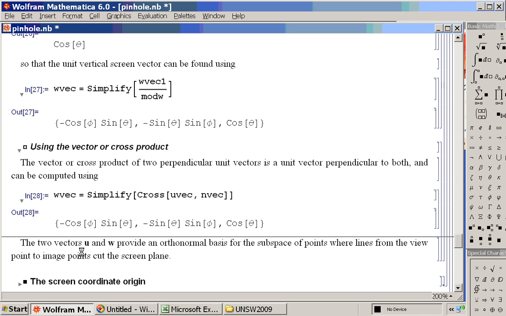So these two vectors u and w that we've just found provide an orthonormal basis for the subspace of points where the lines from the viewpoint to the image points cut the screen plane. So I think we'll stop there.